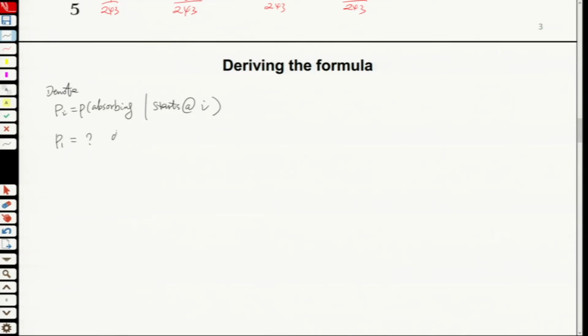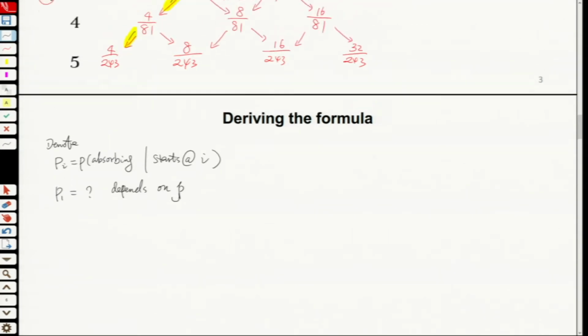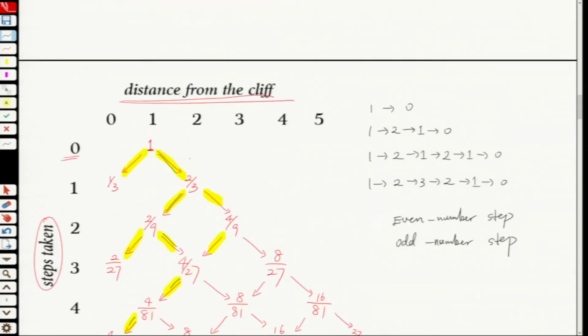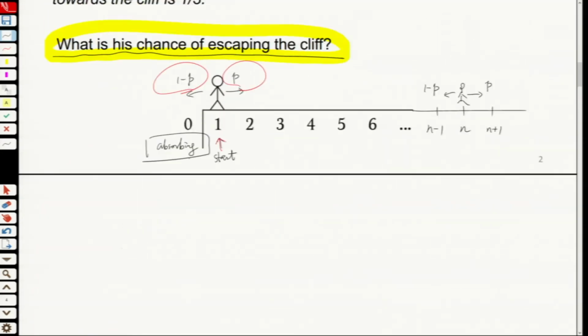So what does this depend on? This actually depends on p. And this p is lowercase p. This lowercase p is actually the probability the person goes left or goes right. This lowercase p is right here.